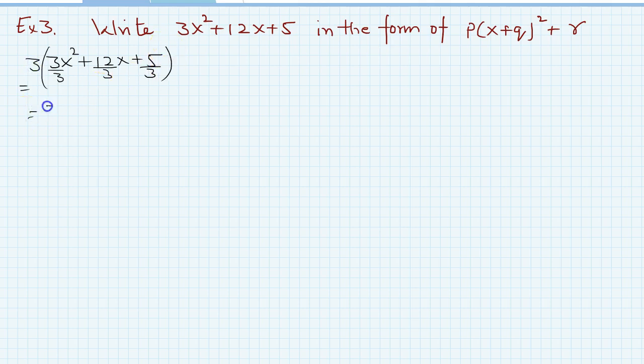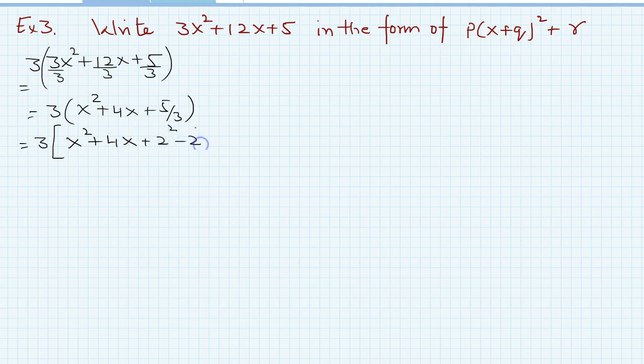So that is equal to 3 (x square plus 4x plus 5 over 3). So that is equal to 3, and this one is x square plus 4x, half of 4 is 2, plus 2 square minus 2 square plus 5 over 3.